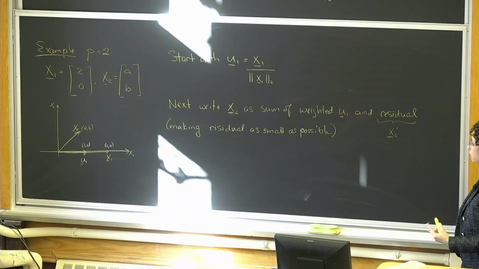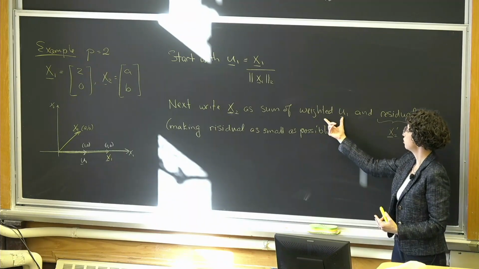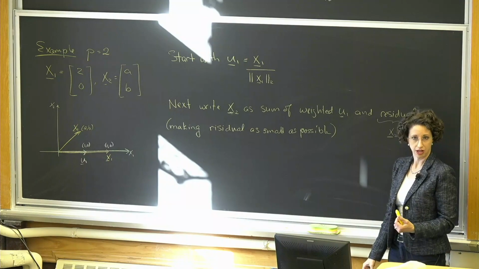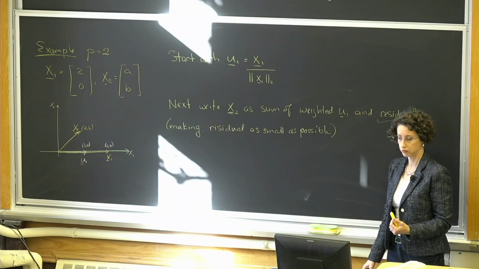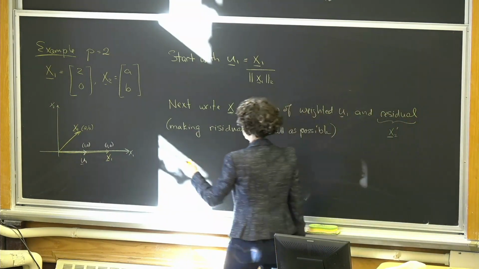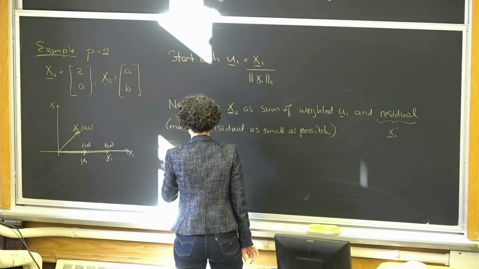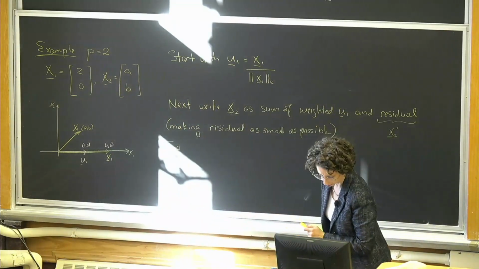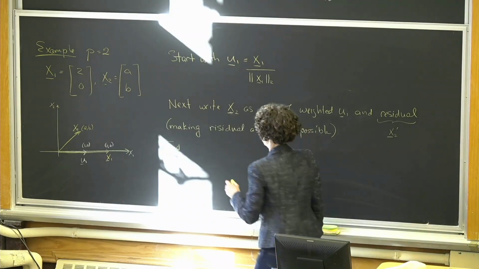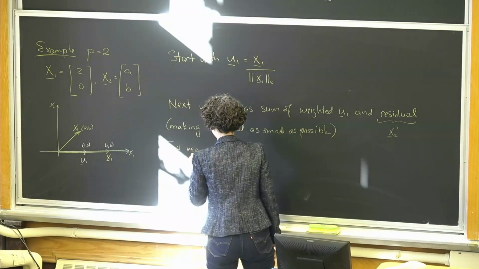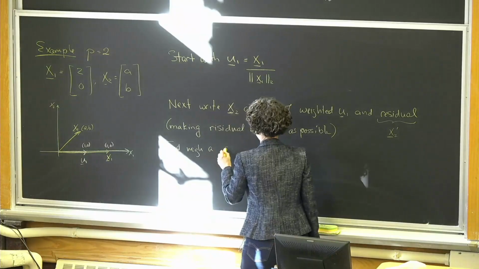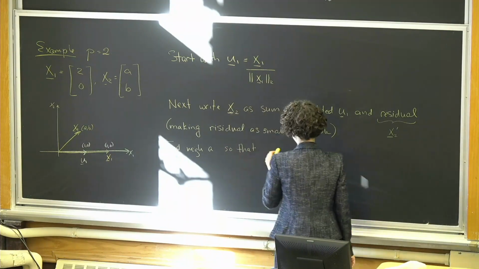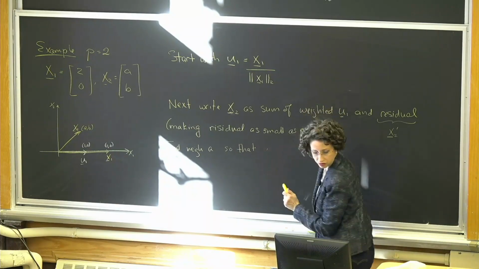And so to do this, we want to figure out how much weight to put on u1 to make it as close as possible to x2. So in other words, we're going to say, find whatever weight, what did I call the weight? Find a weight A so that, oh shoot, I can't use A here.